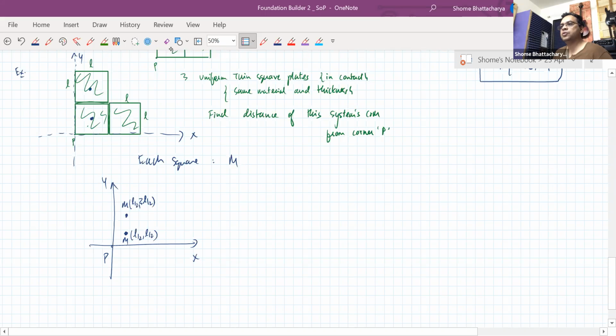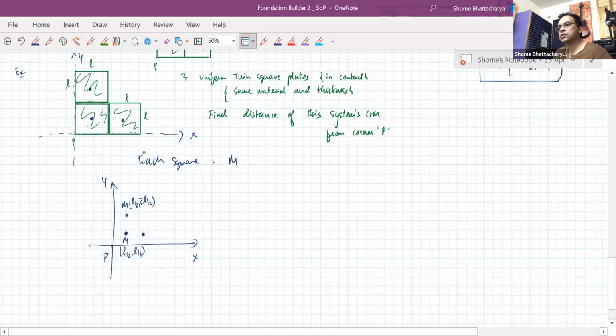And the next block will be on the side of this. So that one center of mass will be here.